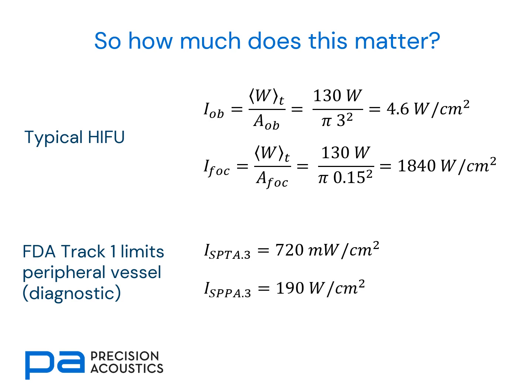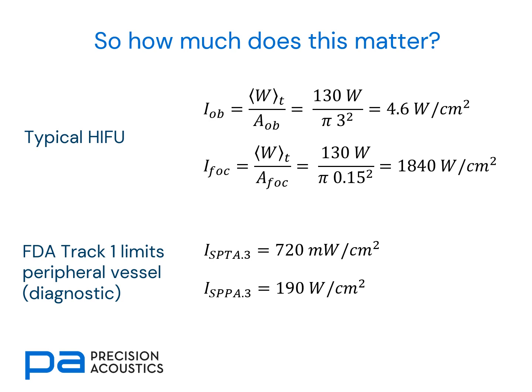The ISPPA.3 limit, so spatial peak pulse average, derated at 0.3 dB per centimetre per megahertz, is 190 watts per centimetre squared. In each of these two cases, there are nearly 3 orders of magnitude variation between one of the factors, IOB and IFocus for the HIFU case, or ISPTA.3 or ISPPA.3 for the diagnostic case.